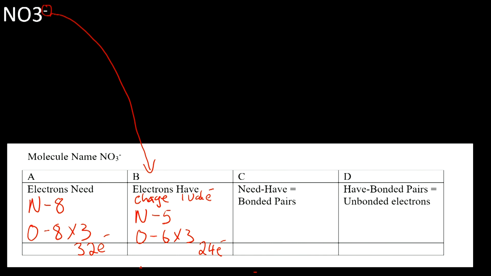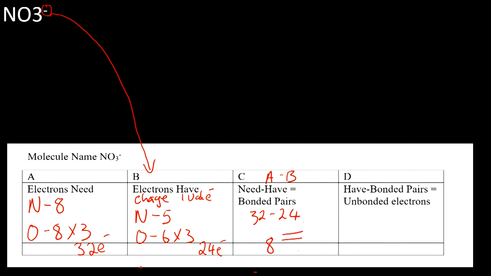Now, just as a catch, if you find that you have an odd number, make sure that you have included that charge. That can be useful as a tool to help you out. For C, we're going to do A minus B. So 32 minus 24, giving us a total of 8 bonded pairs.